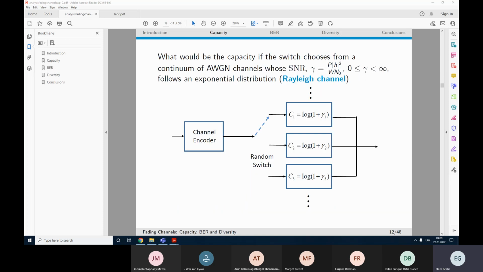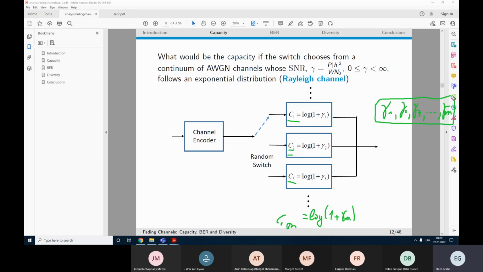So we can say that here we have many different, let us say, M channels, and each has its own signal to noise ratio, gamma 1, gamma 2, gamma 3, and so forth, which is a random variable.